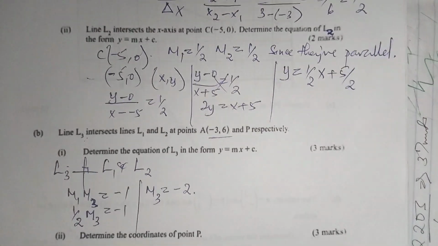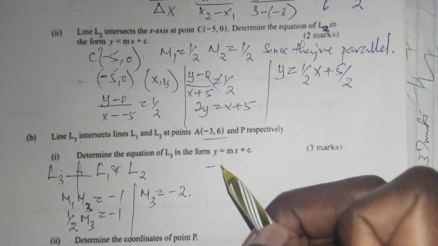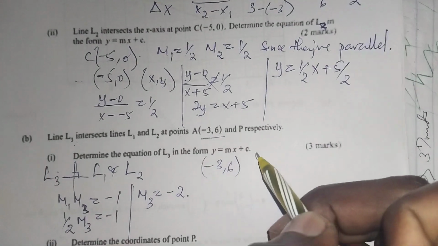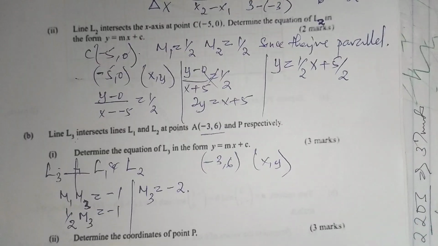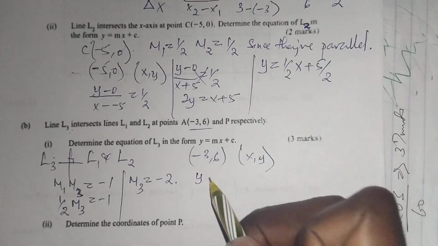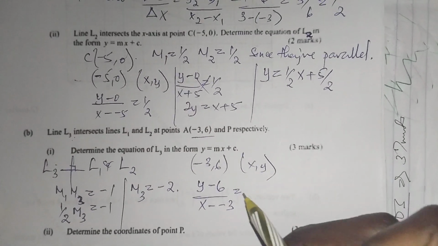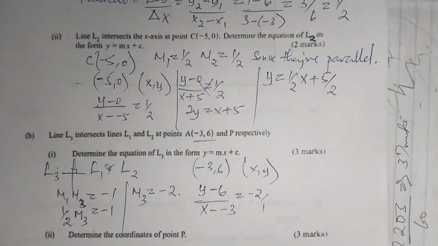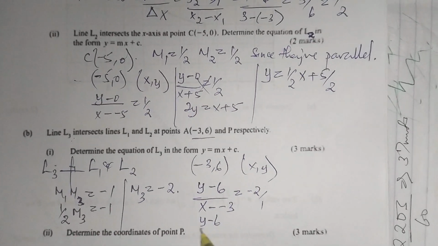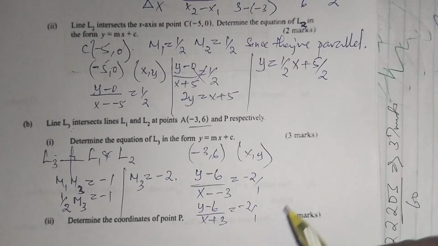And you are given the coordinate (-3, 6). So you can have another unknown, which is (x, y). So you shall have y minus 6 over x minus (-3) equals negative 2. This one will give us y minus 6 over x plus 3 equals negative 2 over 1.